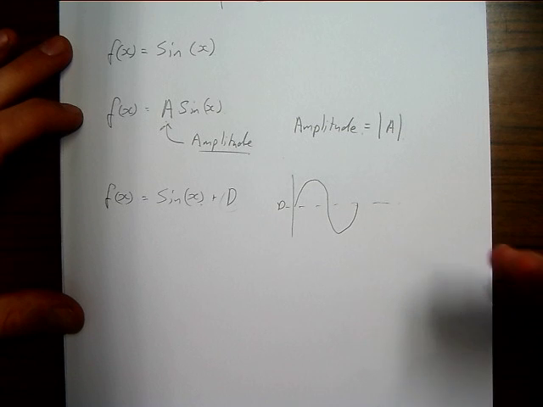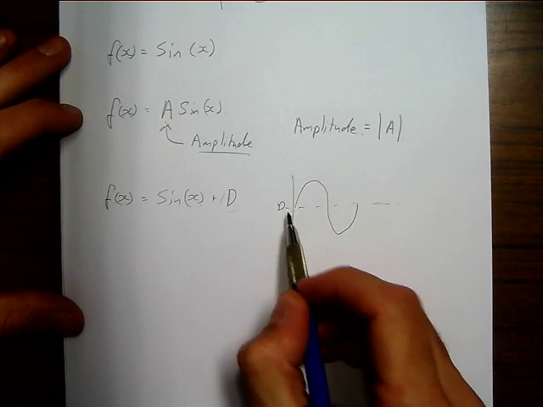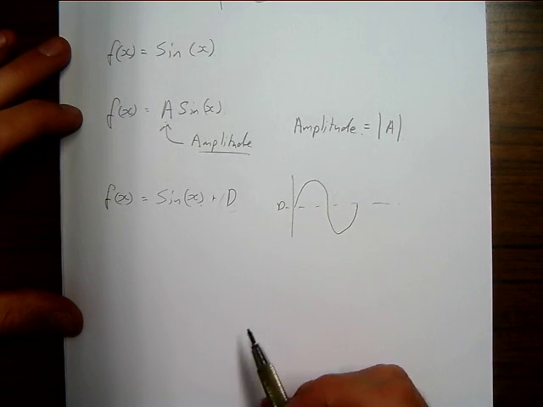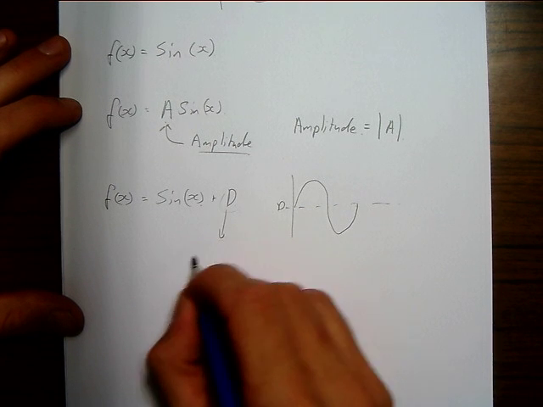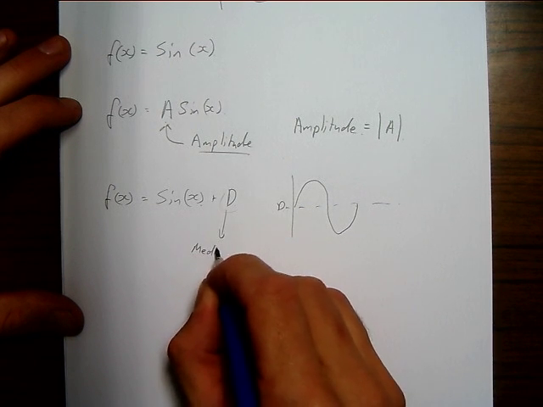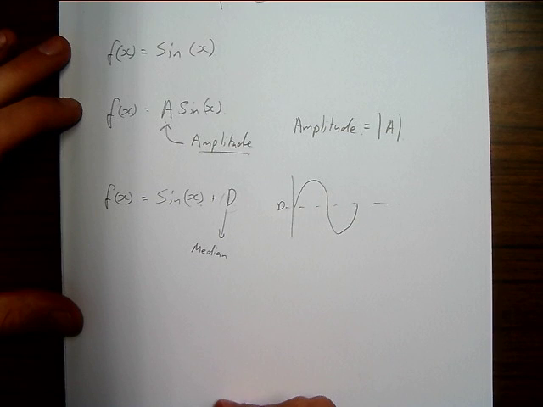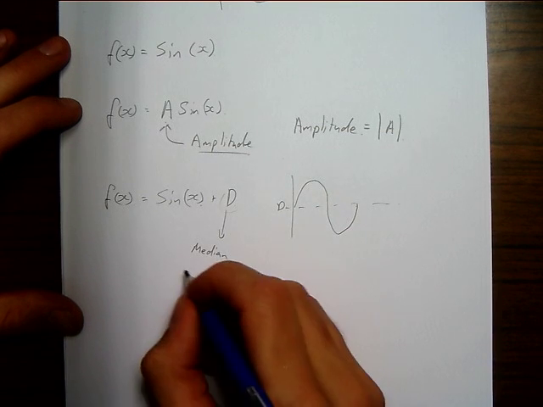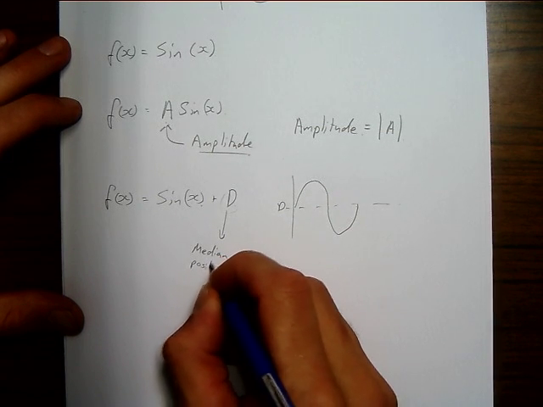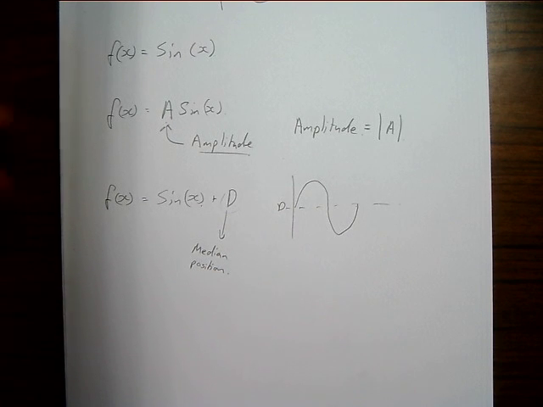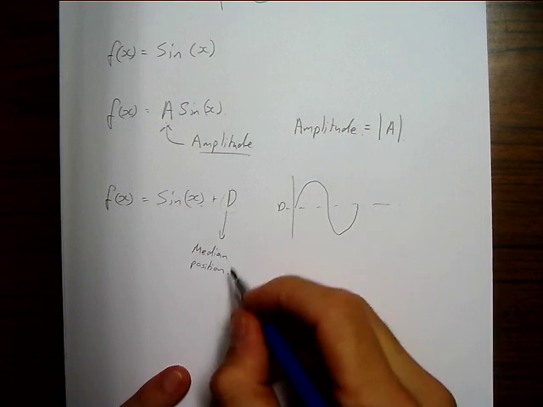If d is positive 3, I've shifted it up by 3, so this would be 3. So wherever the median position is, we always want to show it on our graph. So that's the median position. The median position is the vertical shift.